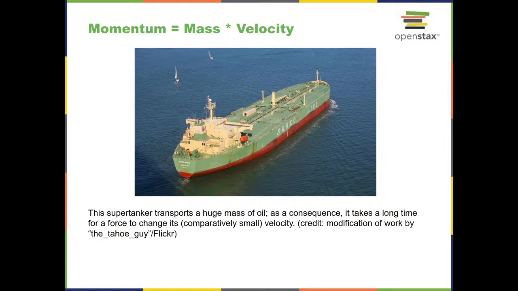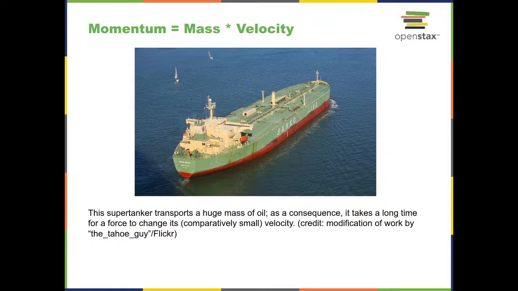If we have, for example, this oil tanker here, which obviously has a very large mass, we can apply a very large force to this oil tanker, which will cause a certain change in its momentum. But because it has such a large mass, that will actually correspond to a fairly small change in velocity.